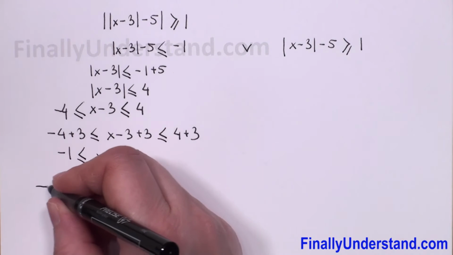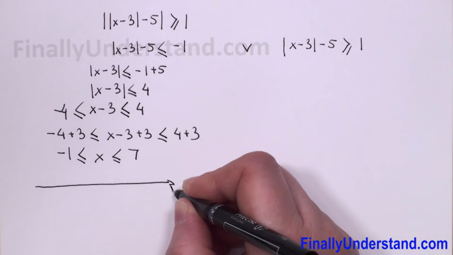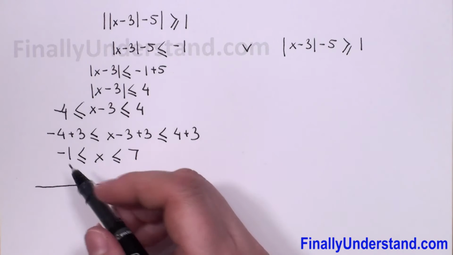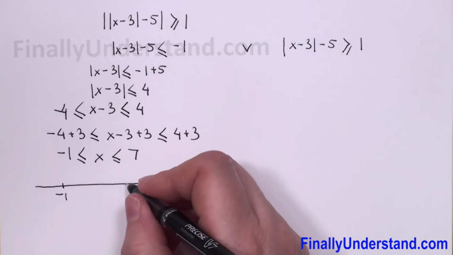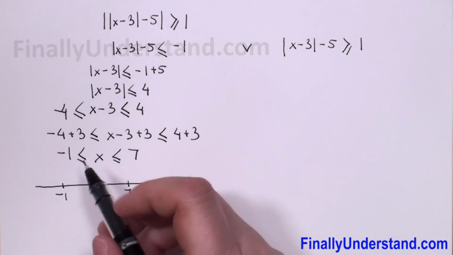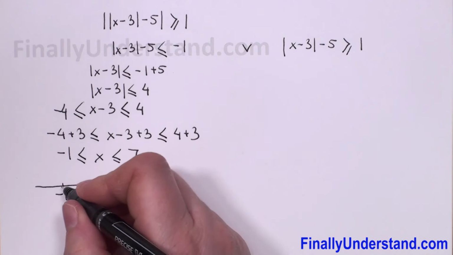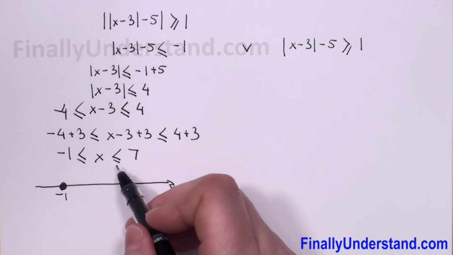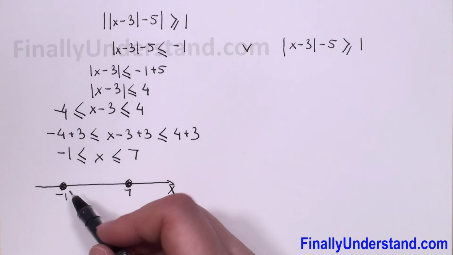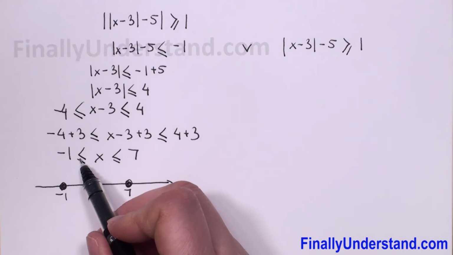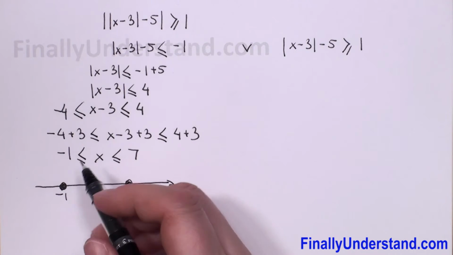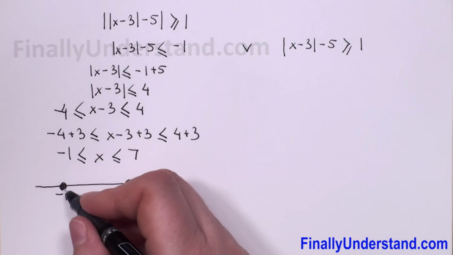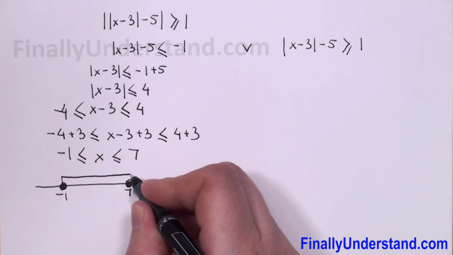Now we have to draw the number line x. We have to find negative 1 and 7, and both numbers are included because we have the equals sign. So we have x is greater than or equal to negative 1. It means we have to go to the right side of our negative 1.